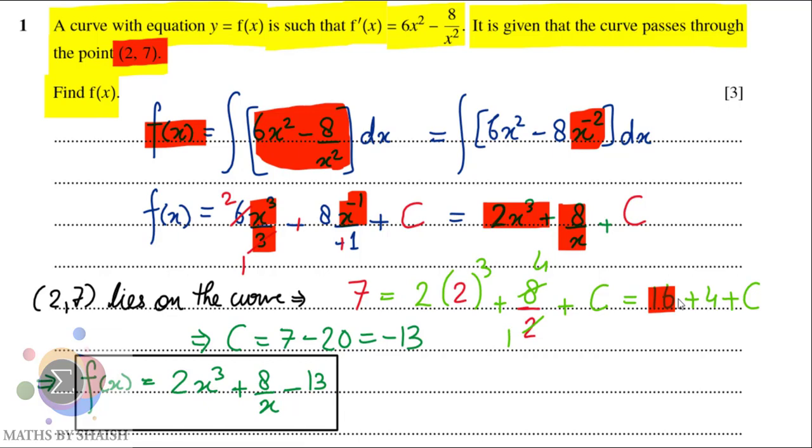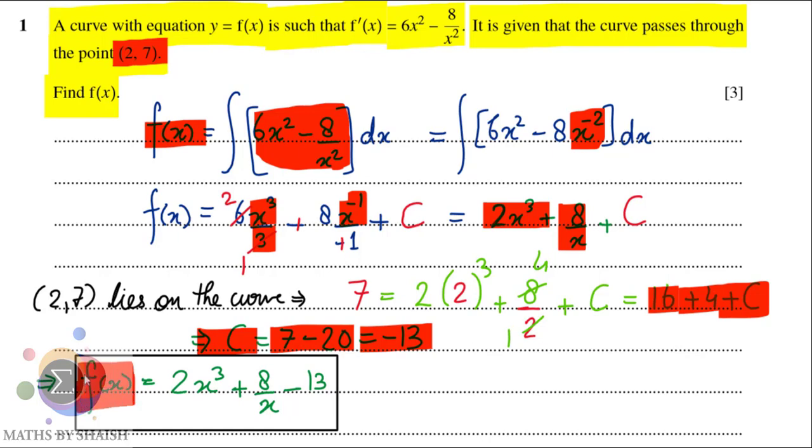We get 16 plus 4 plus the constant of integration c, and from here we get the value of the constant of integration, that is minus 30, and hence we get the equation of the curve, that is 2x cubed plus 8 over x minus 30. That's our f(x), for which f dash x is given as this.